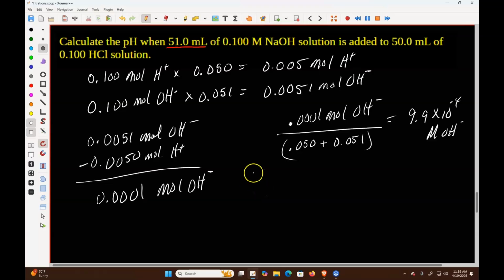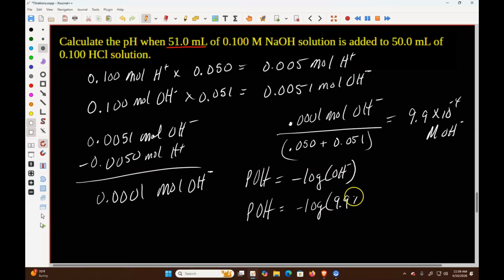We'll say the pOH is the negative log of the OH. So the pOH is going to be the negative log of 9.9 times 10 to the negative fourth. So the pOH is equal to 3.